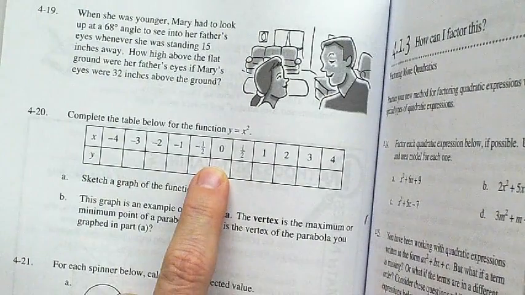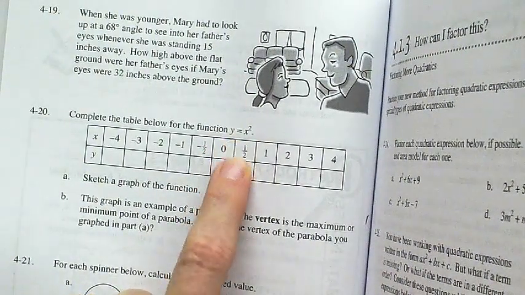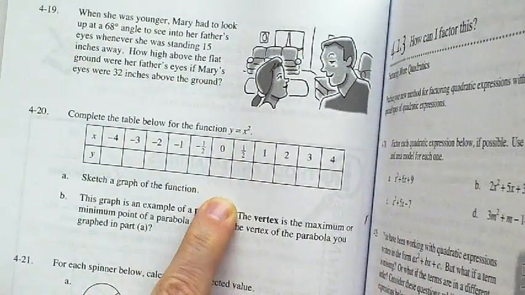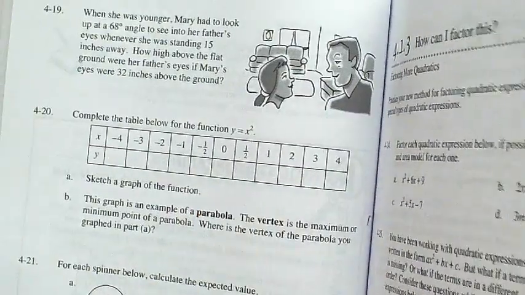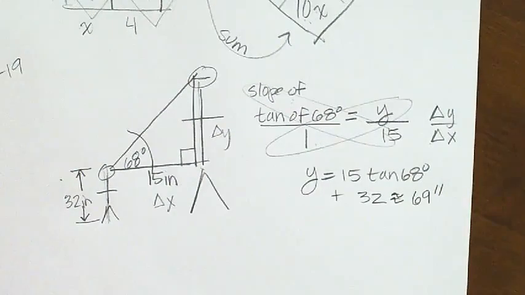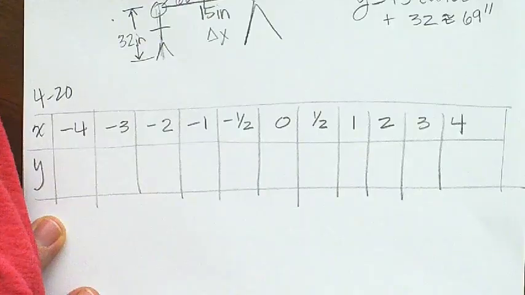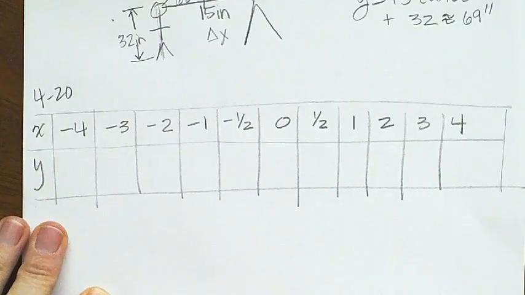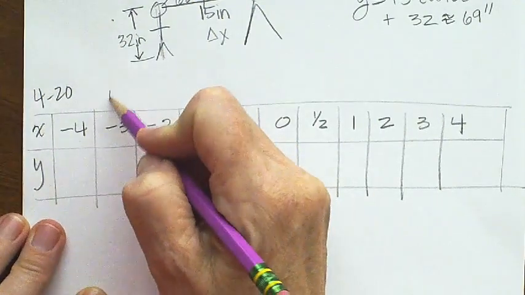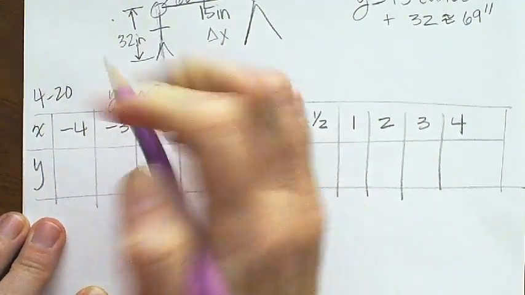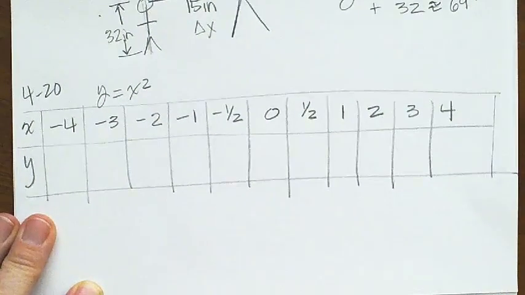Okay, for 4-20, we're going to complete this table for y equals x squared. So I'm going to pause the video and quickly sketch this on my paper. If I know the equation is y equals x squared, I could use the table function of my calculator to get all of these values.